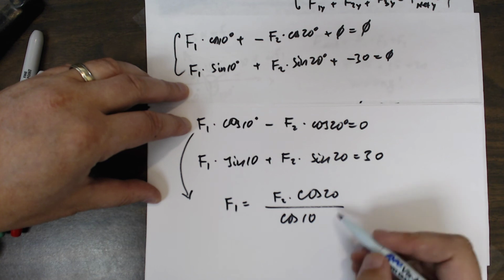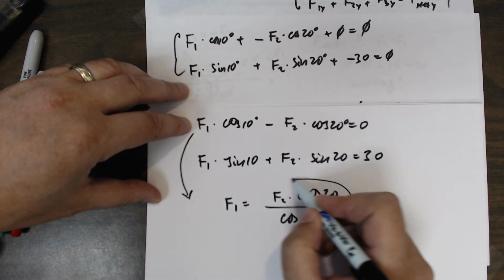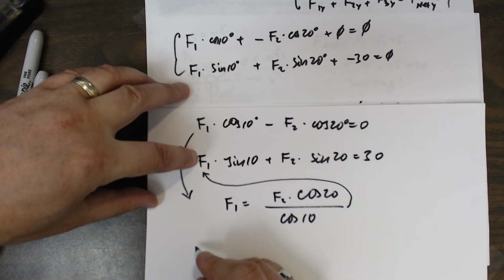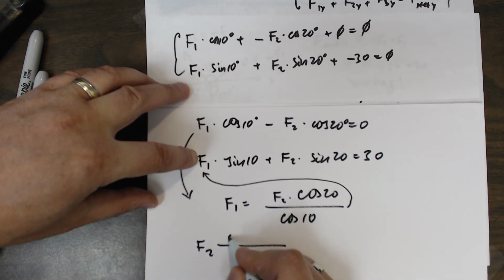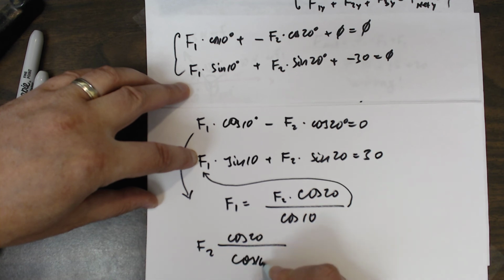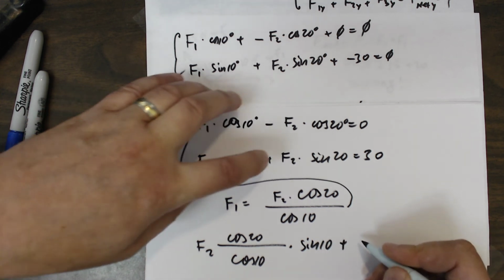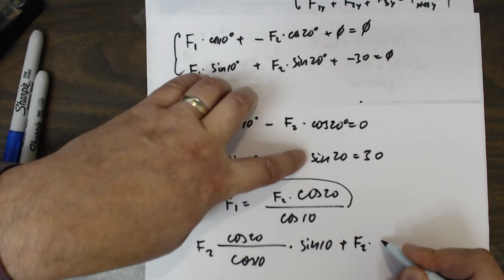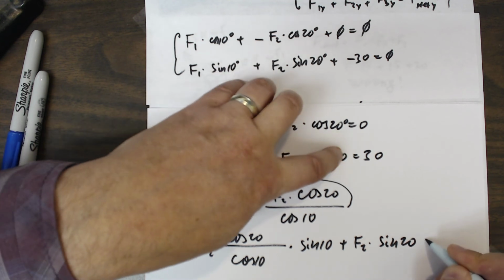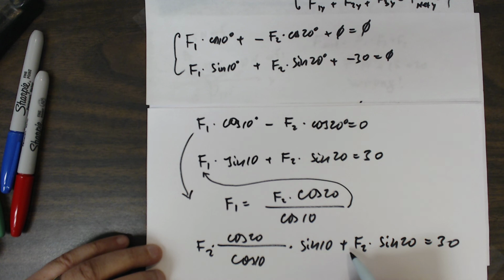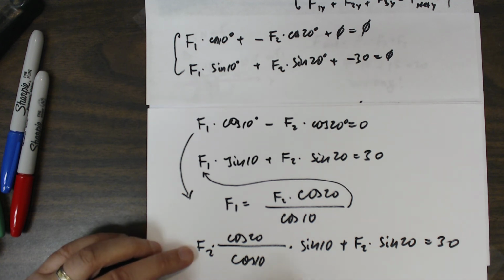And now we can use this expression to replace the magnitude of the force number one in the second equation. F2 cosine of 20 over cosine of 10 times sine of 10 plus F2 times sine of 20 equals 30. F2 is a common factor, so we can solve it for F2.